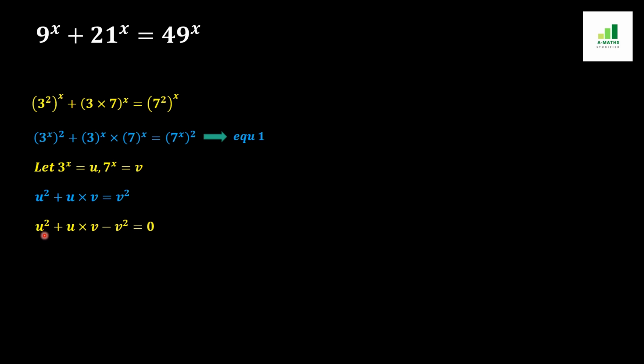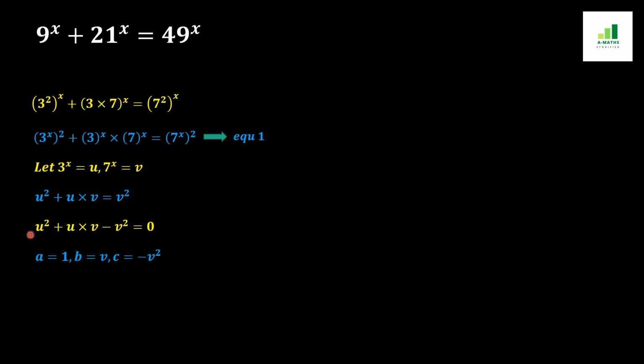It means that we will compare this equation with a standard quadratic equation to apply the quadratic formula. So first we should compare this equation with the standard quadratic equation, and we will get the values of a, b, c. We will get a equal to 1, b equal to v, and c equal to minus v square.